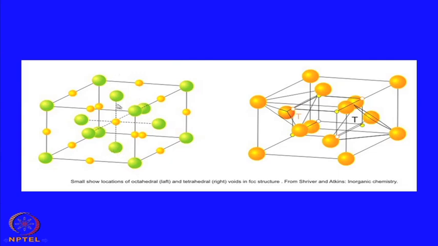So, the share of this particular atom to this unit cell is only half, and on 6 different faces we have 6 such atoms, each with a share of half. So, that makes 3, and the 8 corner atoms contribute only 1. So, the total number of atoms contributed to this particular unit cell is only 4.